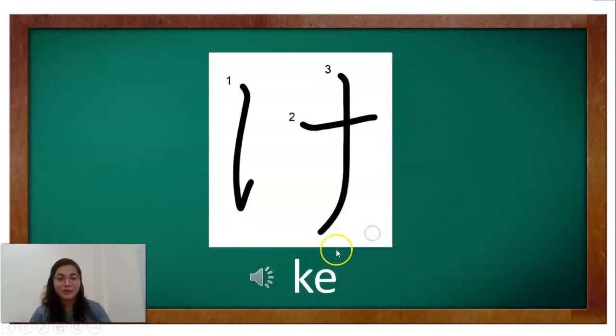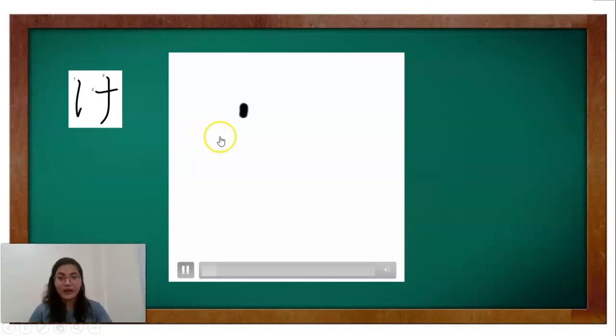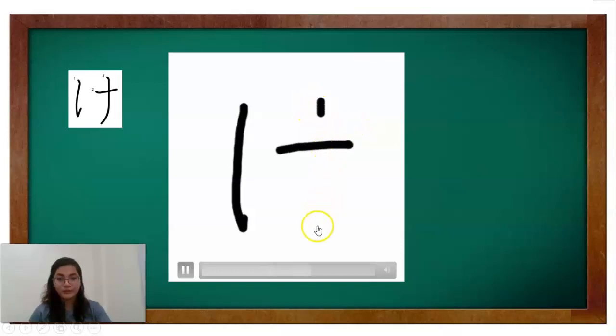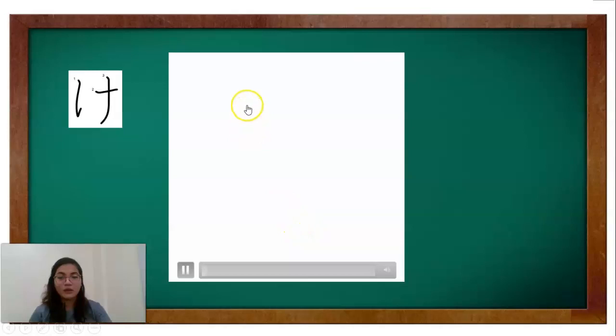Okay, next up is Ke. Ke has 3 strokes. 1, 2, 3. Okay, let's try it again. 1, 2, and 3.